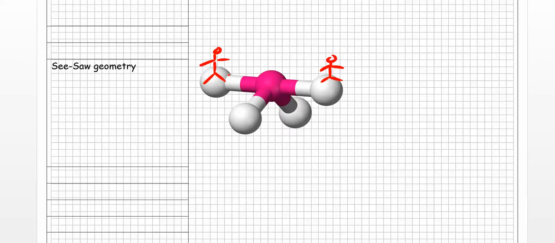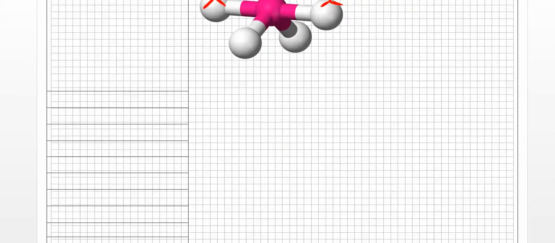But the point is that's called the seesaw geometry. Again, it's an exotic geometry, one that you don't see very often, and I don't want you to worry too much about it. Just remember that I mentioned it, and I'm not even really concerned about a specific prototype for this geometry. I just wanted to introduce it.